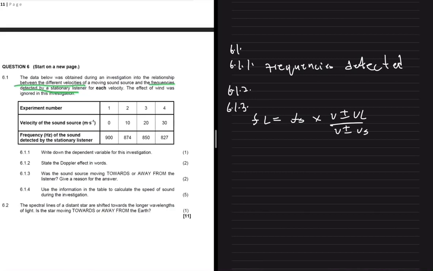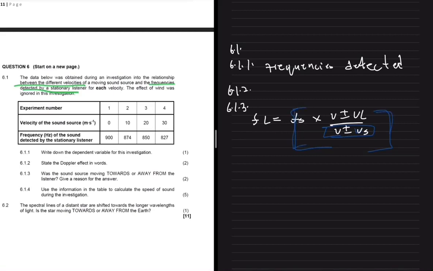If you look at the denominator, we have Vs. If the sound source is moving away, we have a plus on the denominator, so the whole number will go down and the frequency observed will go down. If it's moving towards, you will have a minus on the denominator, so the whole number will go up.